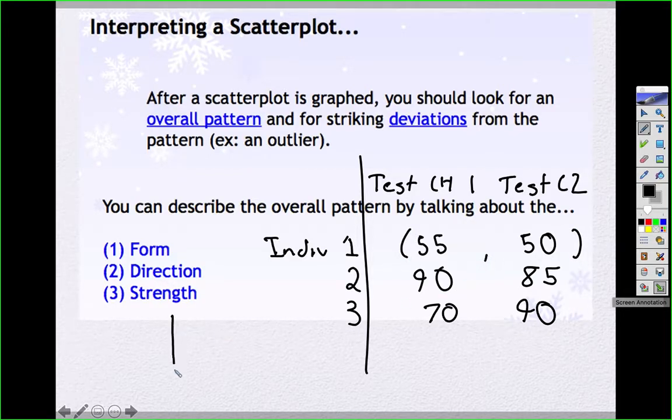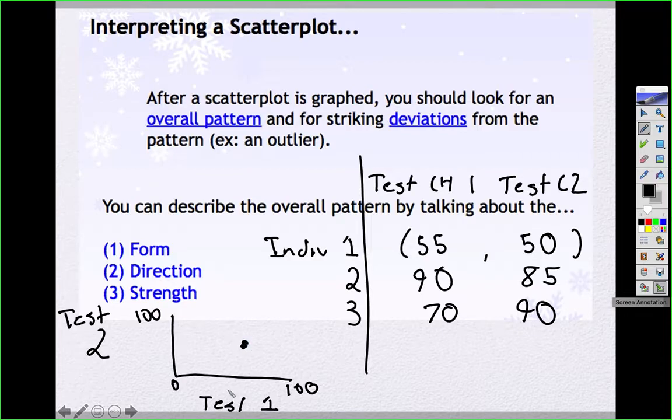So we see here that each of these makes up a point. And then a scatter plot works where you pick one. Test 1 happened first, so this would be our x. Test 2 happened second, so this would be our y. And then they both go 0 to 100 and 0 to 100, because I know that a test is out of 100. You plot each point. So an x at 55 and a y at 50, person 1 would be here.